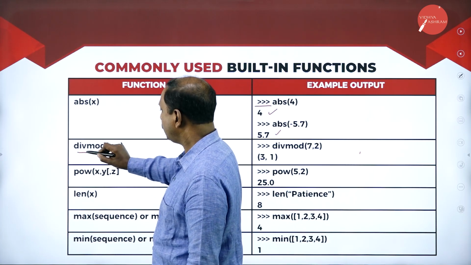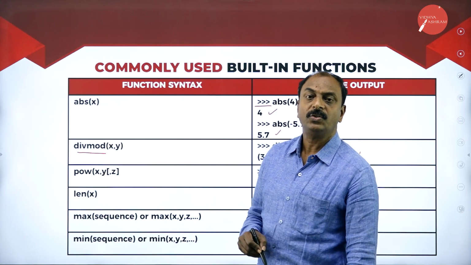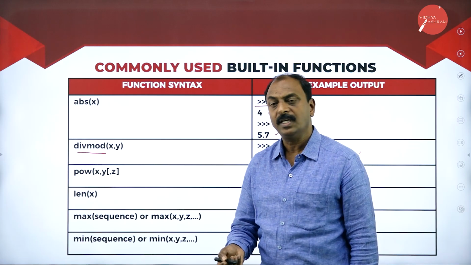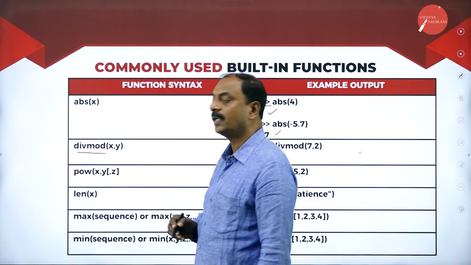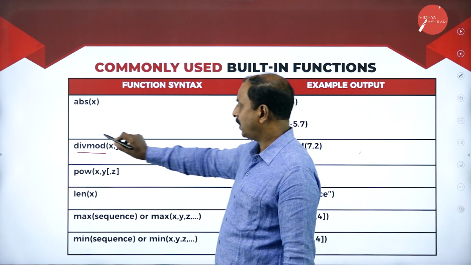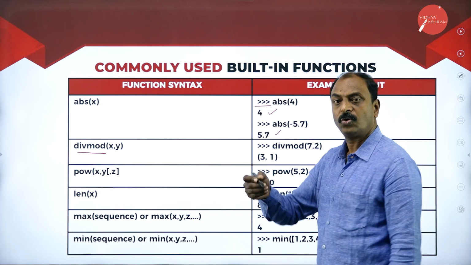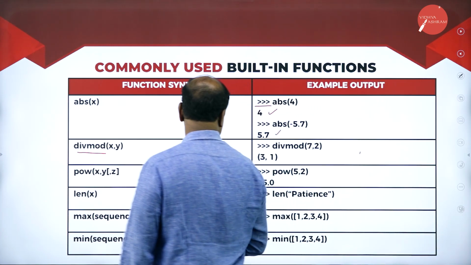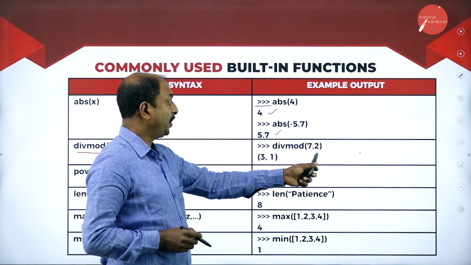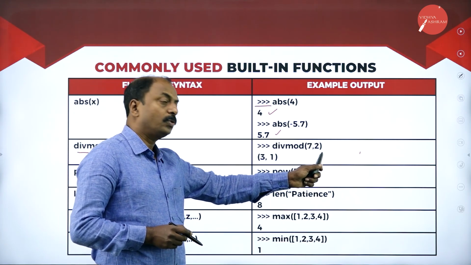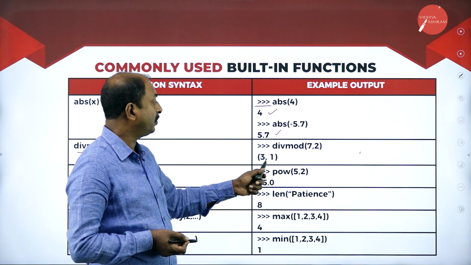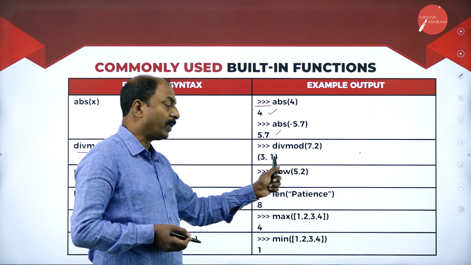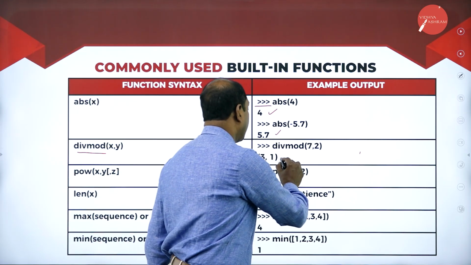The first is division, a function to return the quotient of any division, and mod stands for remainder. So this function returns both the quotient and the remainder. If you divide 7 by 2, 2 threes are 6, the quotient will be 3 and the remainder is 1. So the output would be 3 comma 1.